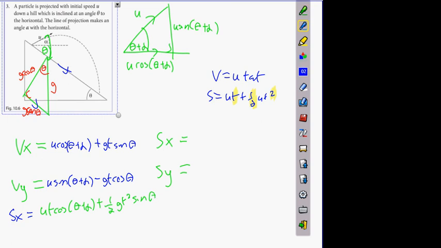The next part then, the sy. ut sine (theta plus alpha) minus a half gt squared, which one? Cos. Cos. Okay.